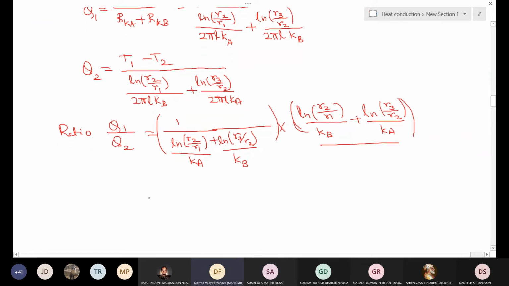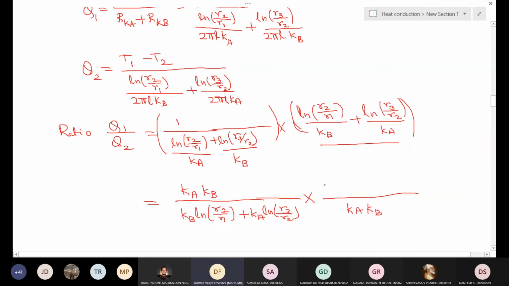Okay. So you can write this as Ka Kb divided by Kb ln R2 by R1 plus Ka ln R3 by R2. And from here we can write this into Ka Kb.